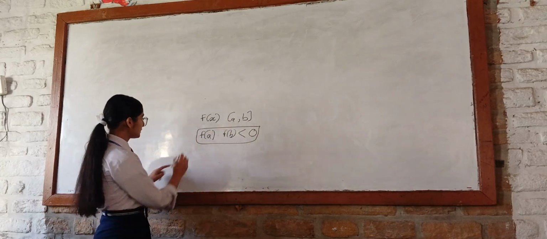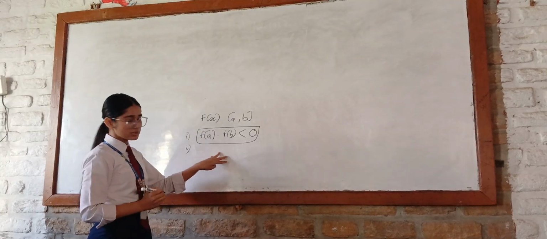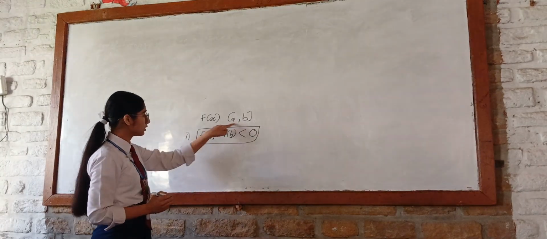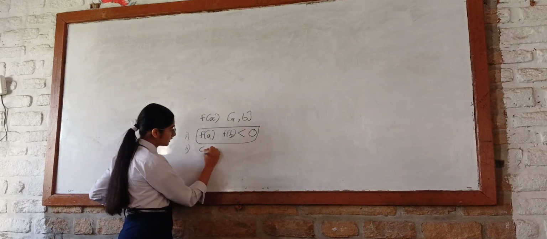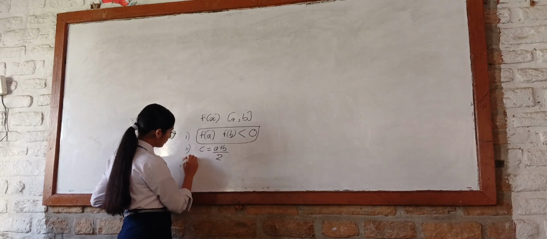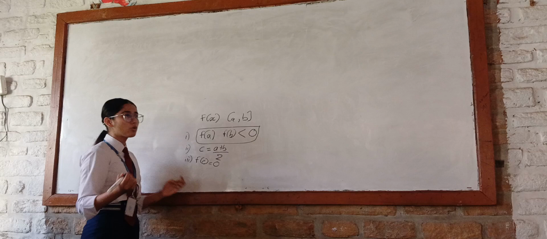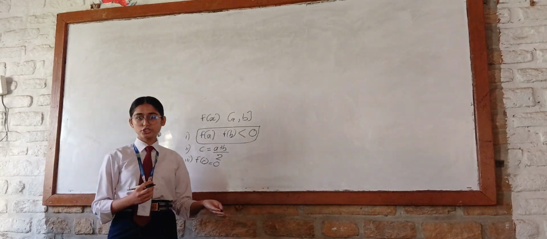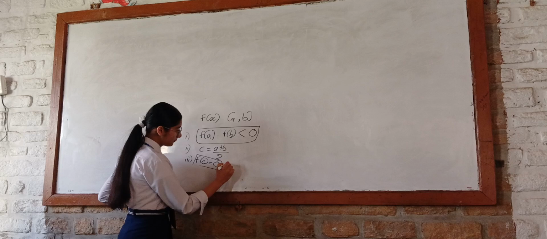After this, in the second step we find the midpoint of these two points, let's suppose it is c. Now in the third step we find f(c). If f(c) equals 0, then according to the definition of a root, the root will be c.